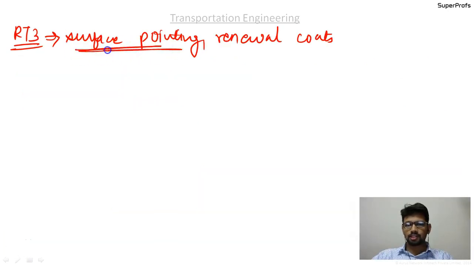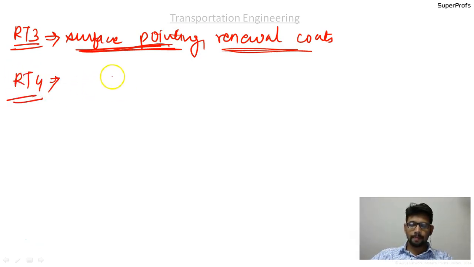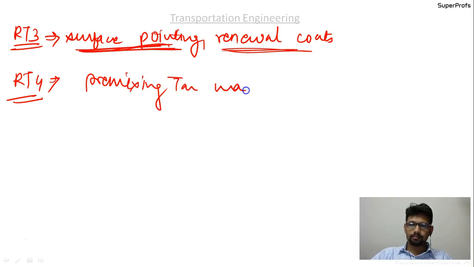RT3 is used for surface pointing and for the renewal coats. RT4 is used for pre-mixing tar macadam in base course.